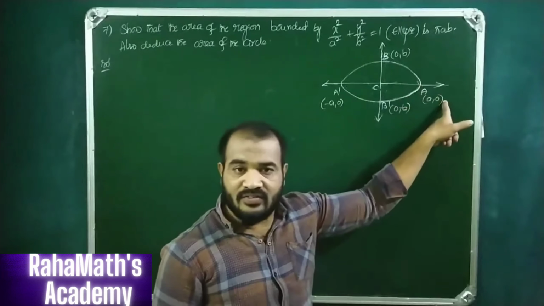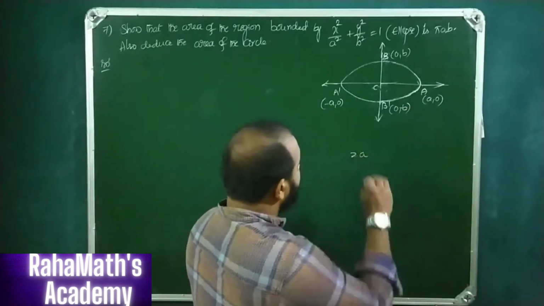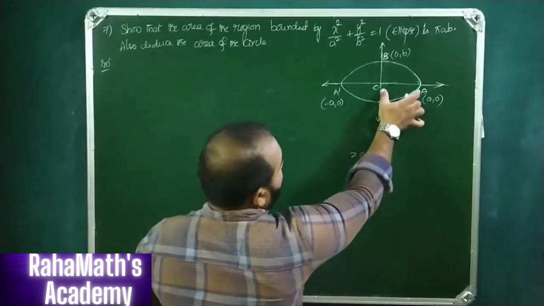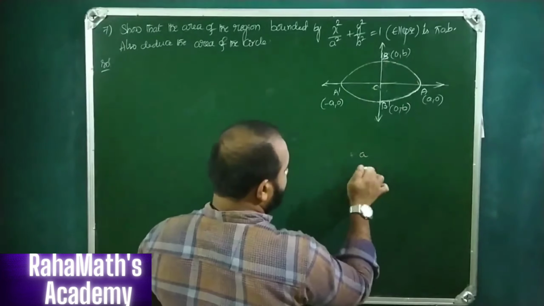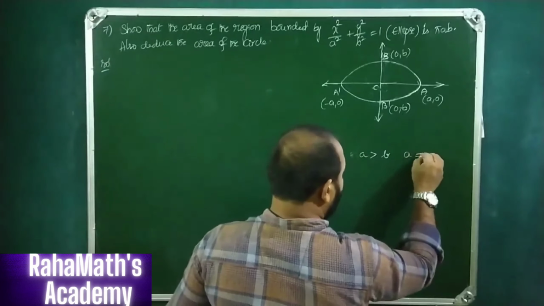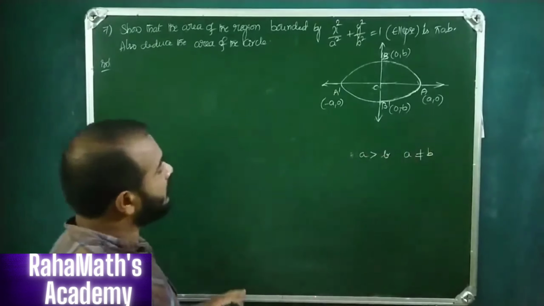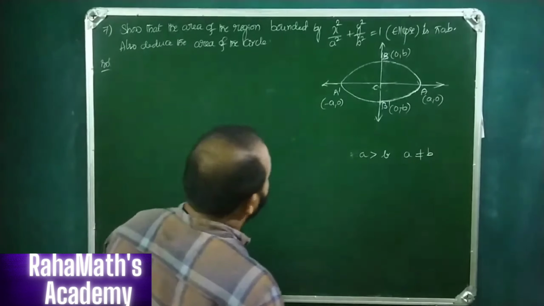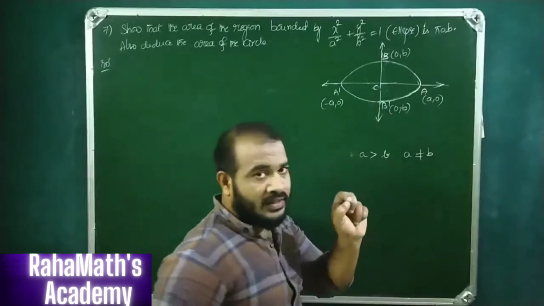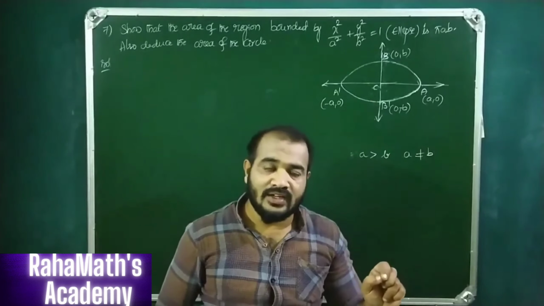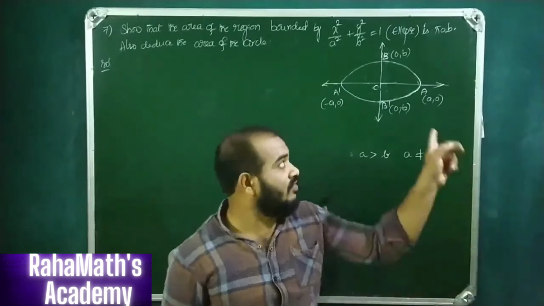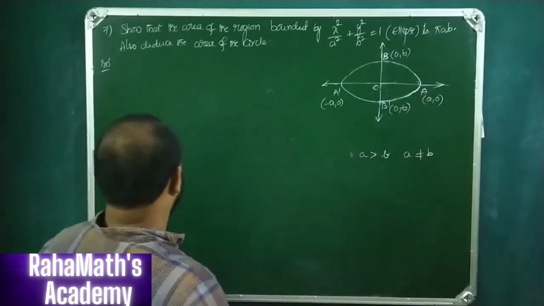The length of the major axis is 2a and the length of the minor axis is 2b. So here a is greater than b, to be more specific, a not equal to b. So therefore the ellipse is said to be in its standard form if and only if its center is at the origin.